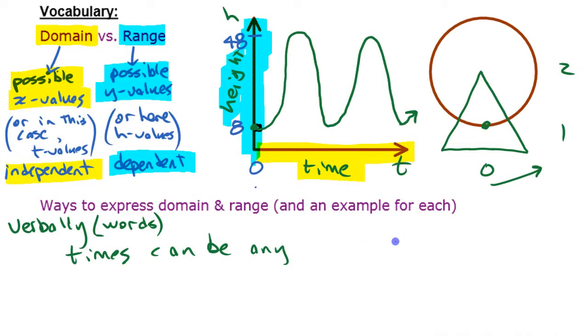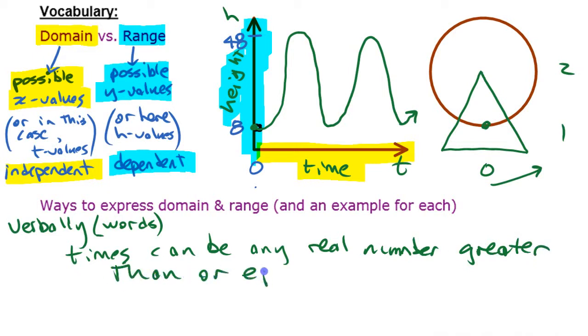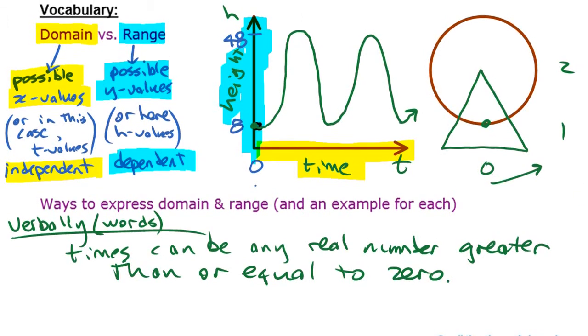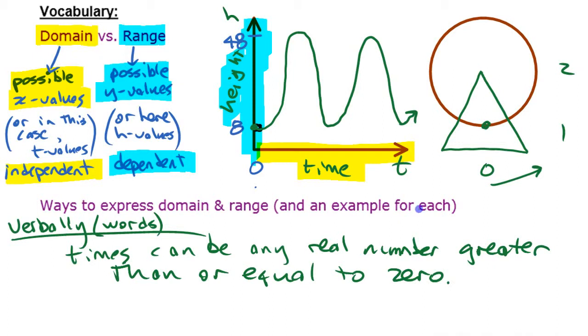If you learned your sets of numbers, it could be any real number greater than or equal to 0. Okay, so that's with words, how you can express the domain. Okay, the possible values. I know that seems intuitively obvious in the situation, but you can't have negative times, right?